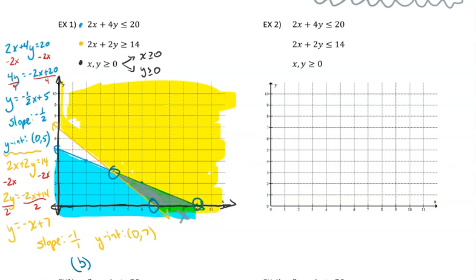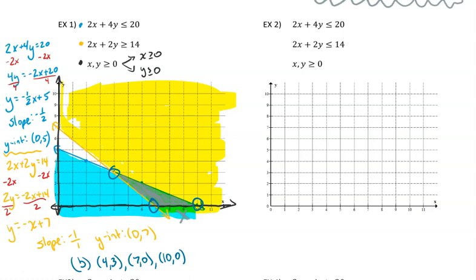It's literally just the corners of the triangle. So we have 4, 3, 7, 0, and 10, 0. Those are our 3 points.